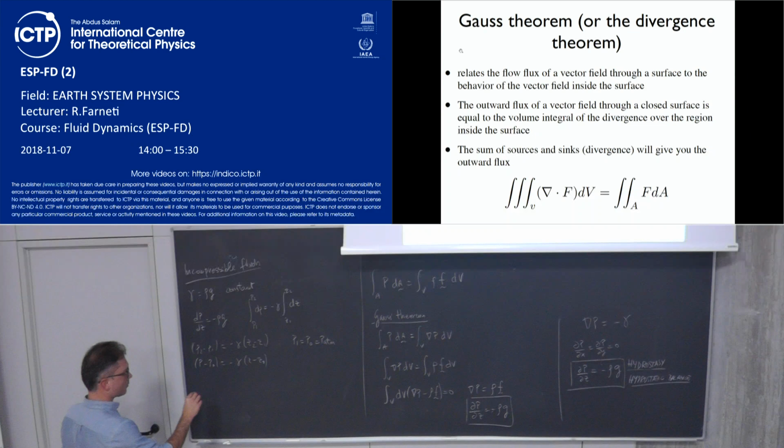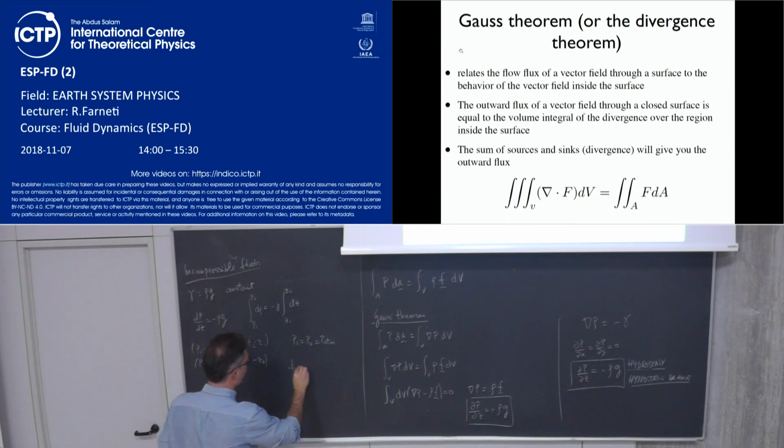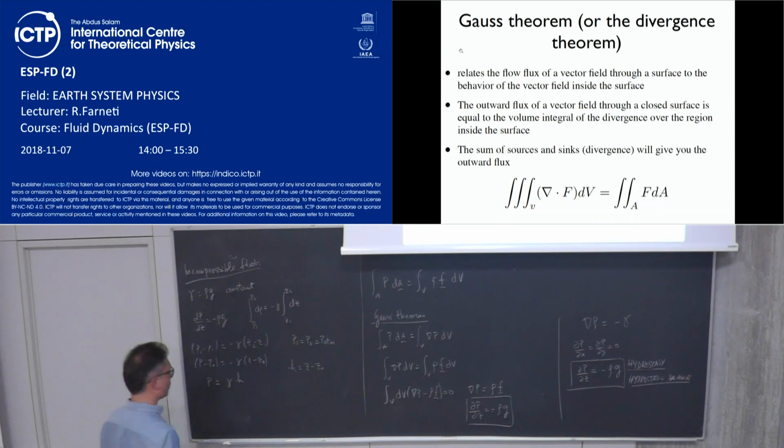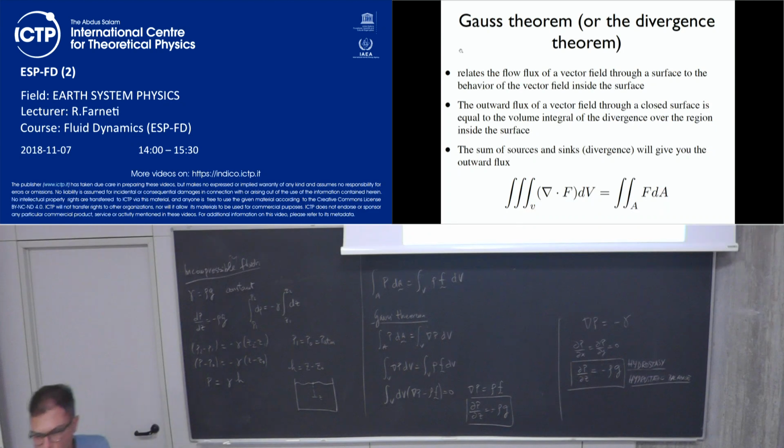So my pressure is going to be gamma H, where H is Z minus Z0. Z minus Z0 is negative, because if you think of a fluid, that Z is negative. So H is negative.